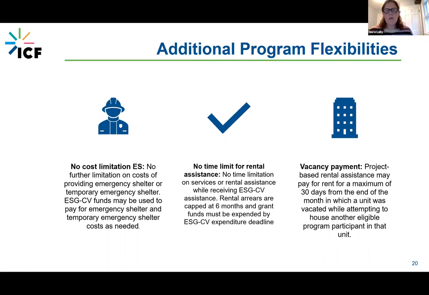There's also no limit for the time associated with rental assistance. Previously, there was a cap on the amount of rental assistance, and it was based on certain elements that were more at the front end of the grant management side of things. So HUD removed those limitations about the time for the amount of rental assistance that could be paid. And it also expanded the amount of rental arrears that could be paid.